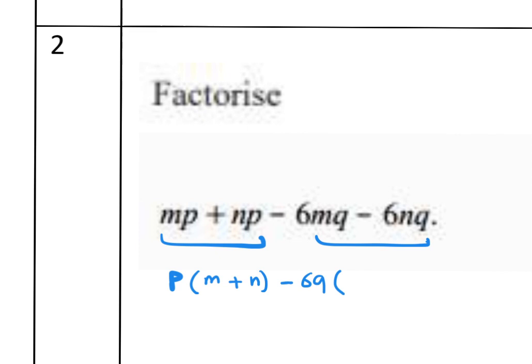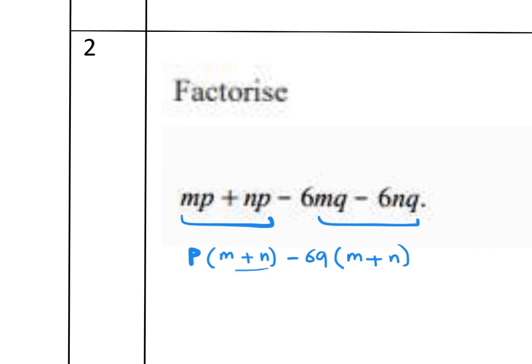Then negative 6MQ divided by negative 6Q: negative 6 divided by negative 6 equals positive 1, because negative divided by negative equals positive. MQ divided by Q equals M, so we have M. Negative 6NQ divided by negative 6Q: negative 6 divided by negative 6 is positive 1, NQ divided by Q equals N, so plus N.